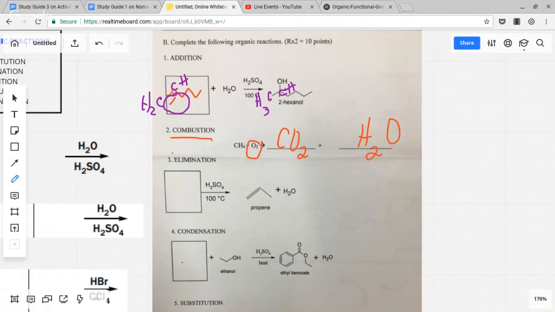And because you are obliged to balance your equation, because you have 4 hydrogens here, you need 4 hydrogens on the right side, and that makes your oxygen a total of 4, because you have 2 here plus 2 here. So you need to put a 2 beside O2 to make it all balance. So that's it for combustion reaction.